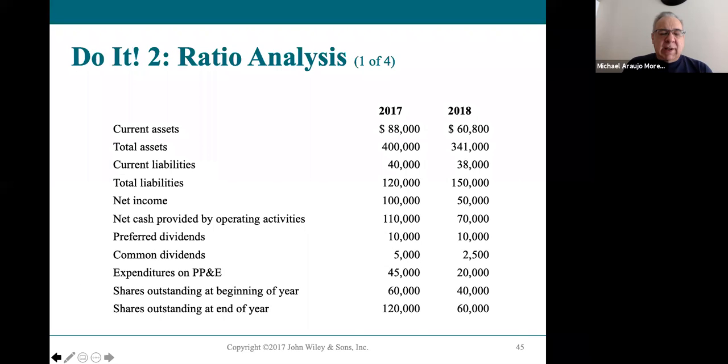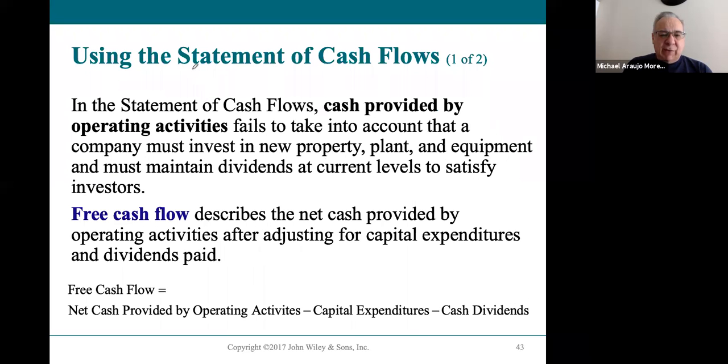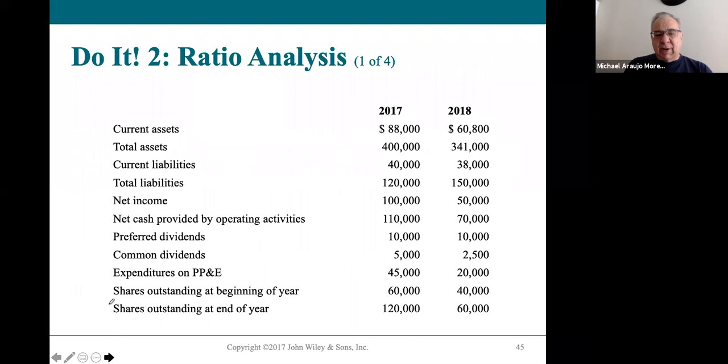We don't need to worry about the statement of cash flow. So we're not doing the free cash flow in this particular part. But the ratio analysis, those ratios are important. Again, here you have 2 years of numbers. This is the one that's done for you in the book or online. And for different ratios, you need different numbers, right?